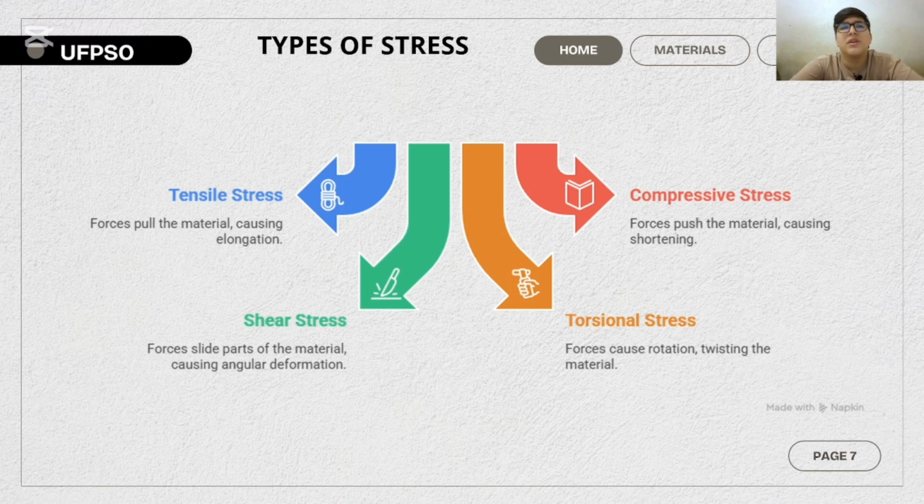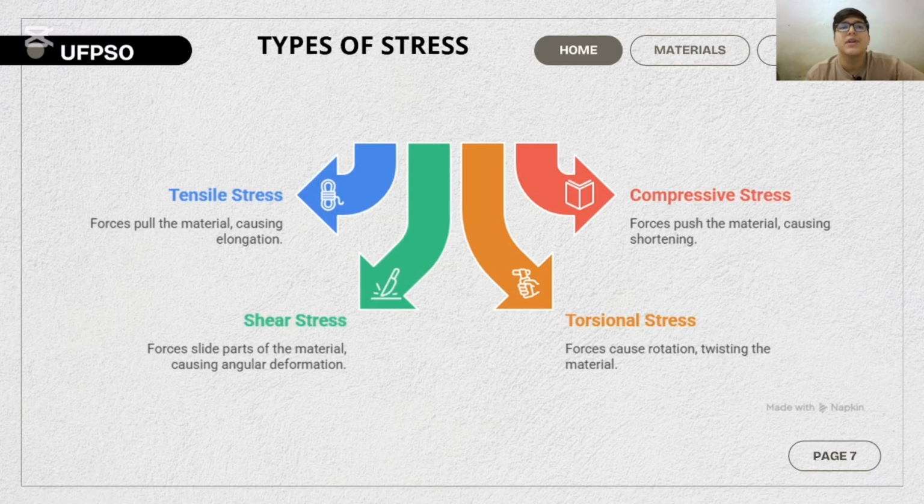This produces an angular deformation rather than a direct change in length. Example: shear stress can be found in bolts and rivets that connect structural components. The element resists forces that try to slide one part relative to another.